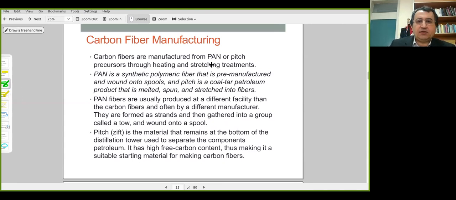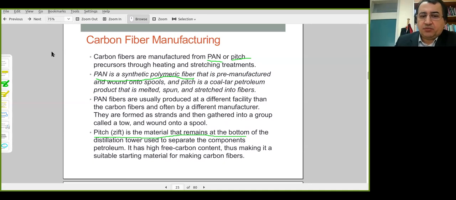As we have talked about, there are two types of precursor materials, PAN fibers and pitch fibers. PAN is a synthetic polymeric fiber, and pitch is the byproduct of petroleum refining processes.